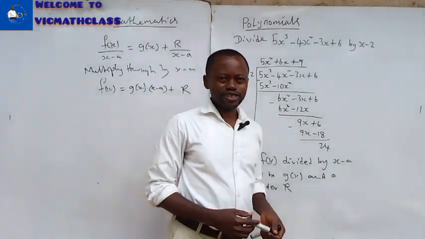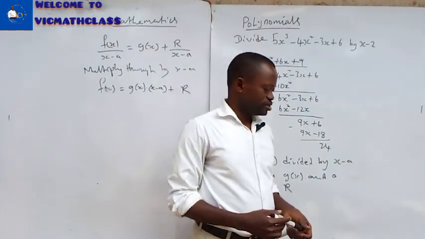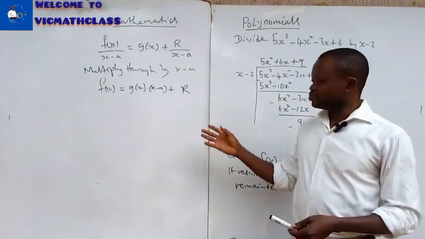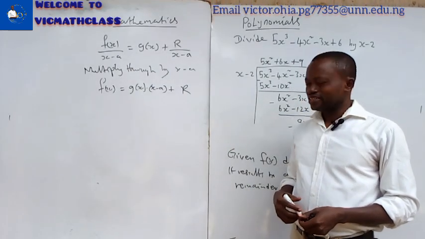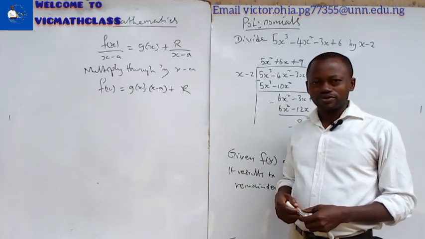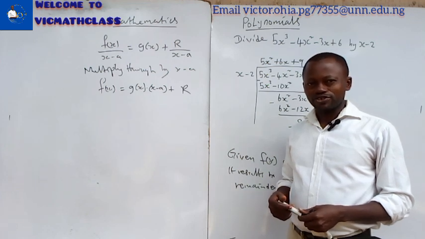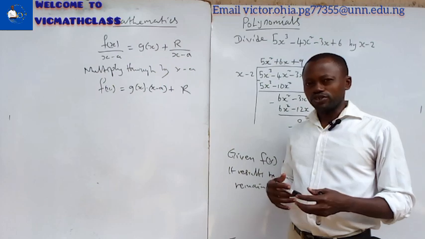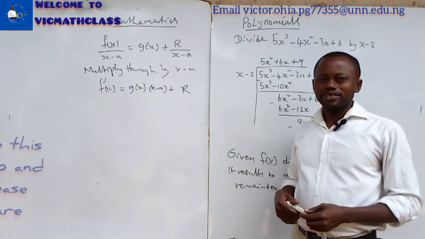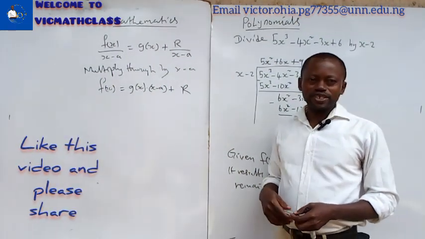I believe we have been able to explain some things here, and I so much believe that this explanation will help you to, one, understand the remainder theorem, and two, understand how to divide a polynomial of a higher degree by a polynomial of a lower degree.